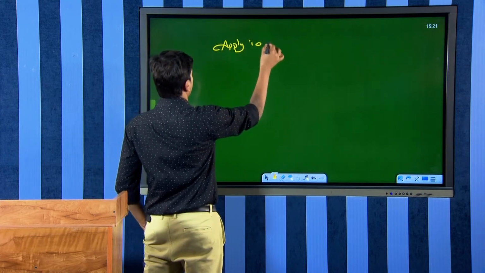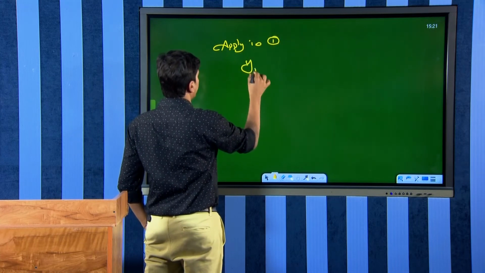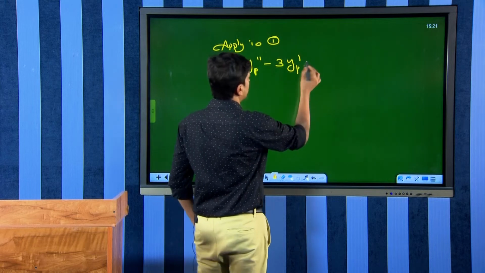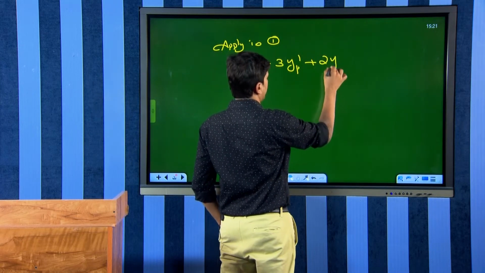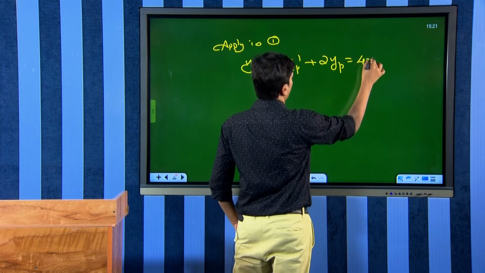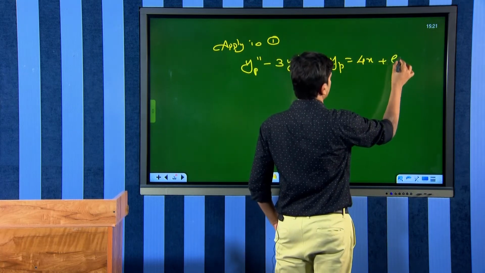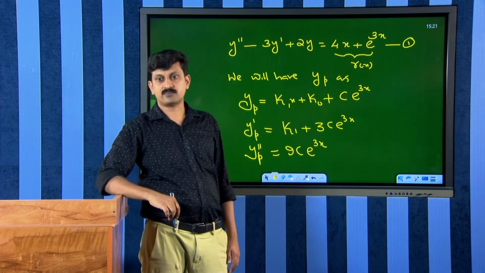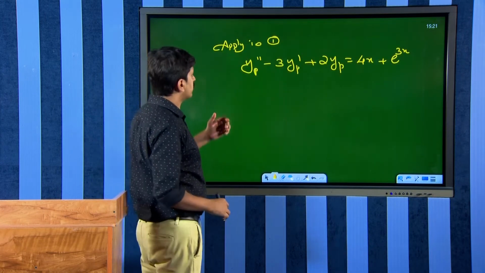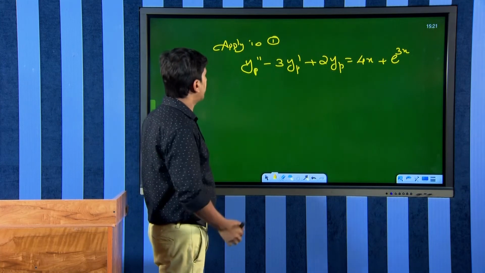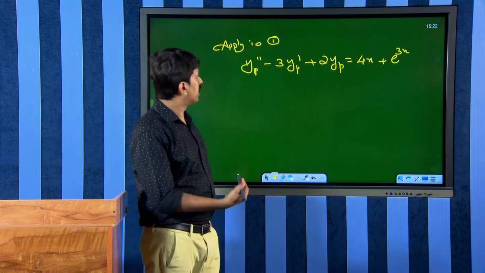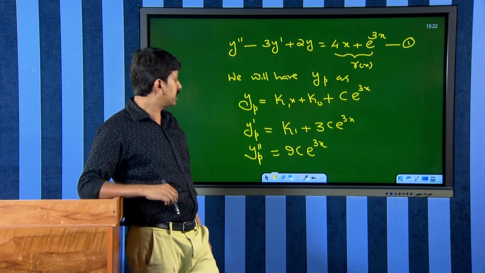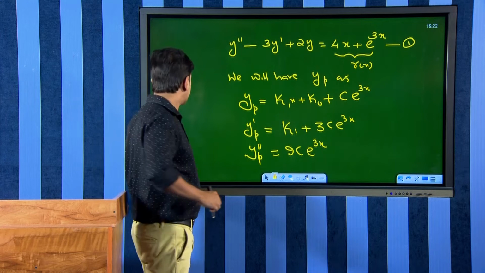Applying in 1: yp double dash minus 3yp dash plus 2yp is equal to 4x plus e raised to 3x. So, dear students, we will have yp double dash, whose value is 9c e raised to 3x.